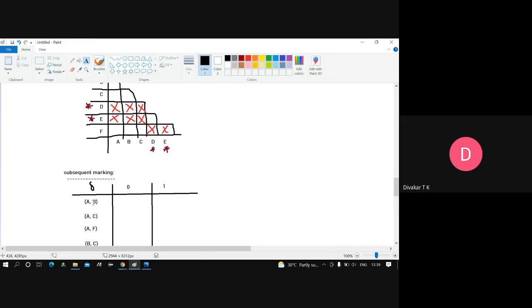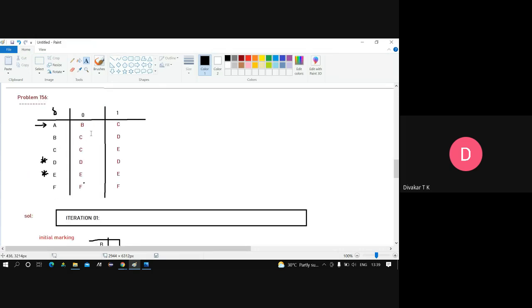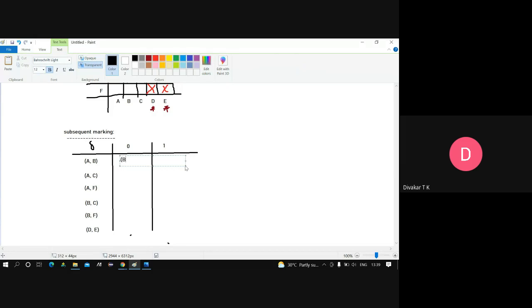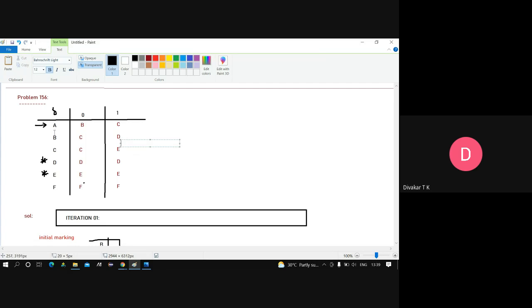Now how to do this one? A B meaning you have to go to the given problem and you have to do it. BC, CD. See, easy now. Again, don't ask how you got BC, CD. Easy in the table. A B meaning B union C, that is BC.